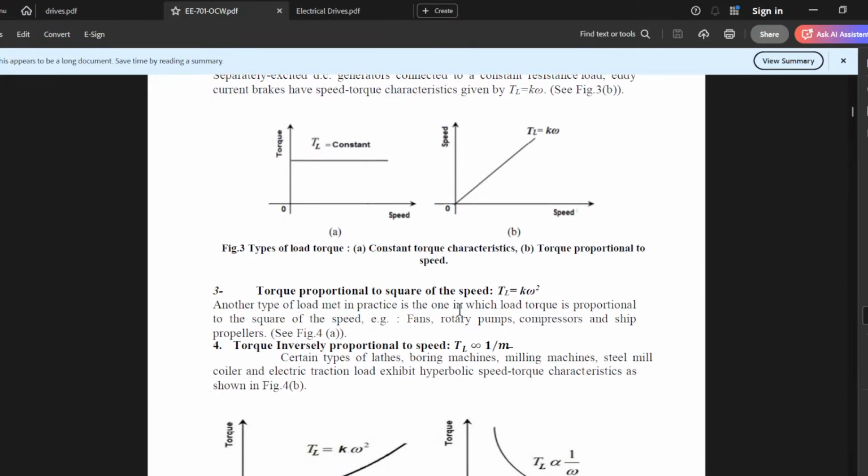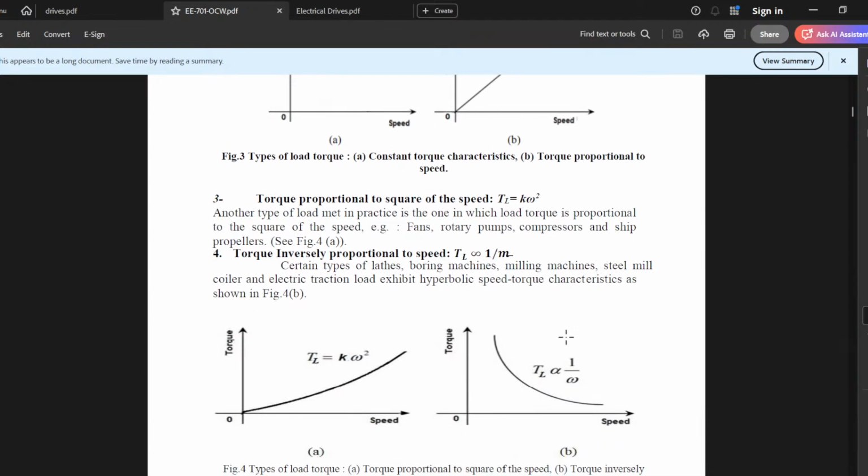Torque proportional to square of speed. The third one is torque proportional to square of speed. Another type of load met in practice is one in which load torque is proportional to the square of speed, that is fans, rotary pumps, compressors.